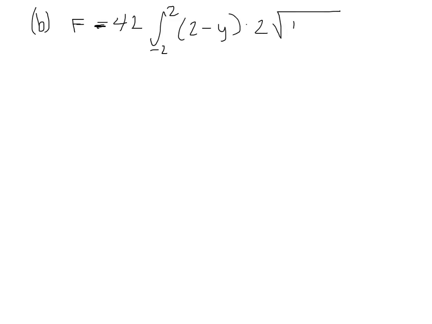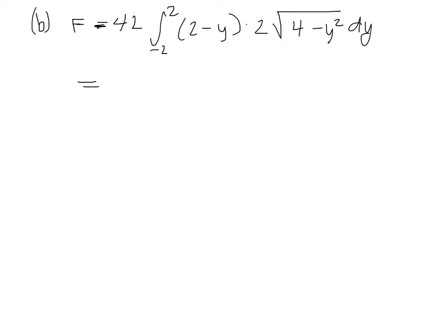Part B asks us to find the force if the entire tank is completely full. So what changes here are the bounds on my integral. I still have the same functions though, 42. Now the integral goes from -2 to 2 of 2 minus y times 2 square root of 4 minus y squared dy. And this one's actually easier than the previous one.